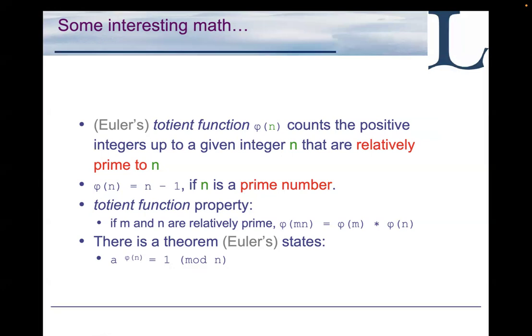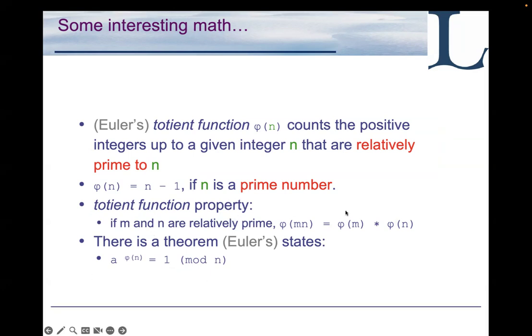It is obvious that for prime numbers, which are only divisible by themselves and 1, the totient function equals n minus 1. Basically, all numbers up to n are relatively prime to a prime number.